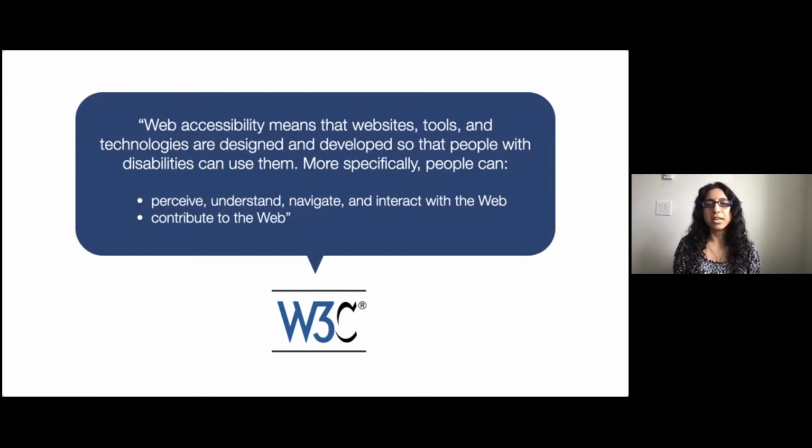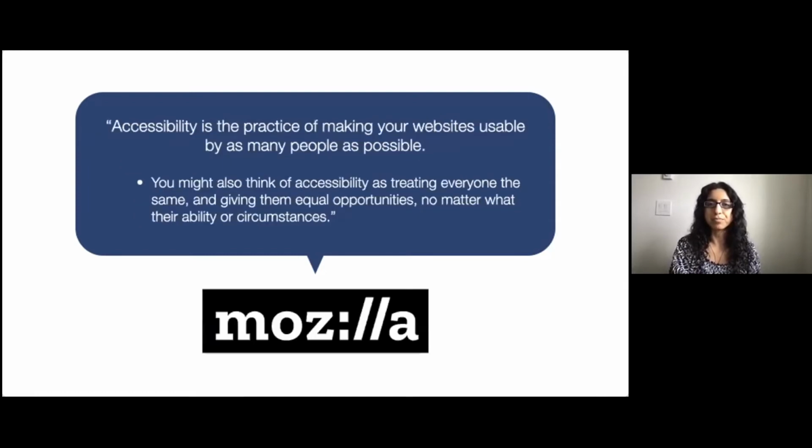I really like this definition because it's very specific and it tells us exactly what's in scope when it comes to making content accessible. I also really like Mozilla's definition, and they say accessibility is the practice of making your websites usable by as many people as possible.